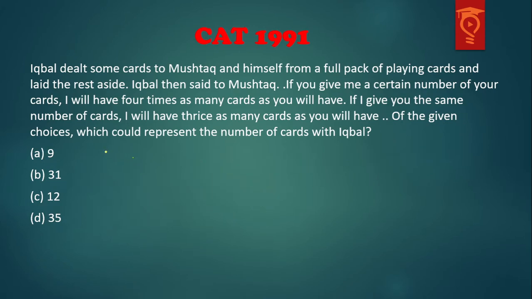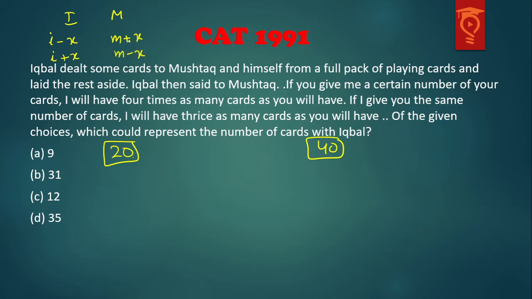We are going to try each number, 20 and 40, one by one. But before that, we have to understand how the cards move between Iqbal and Mushtaq. First, Iqbal gives away x cards and Mushtaq receives x cards. Next time, Iqbal receives x cards and Mushtaq gives away x cards.